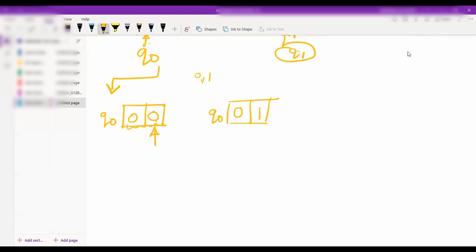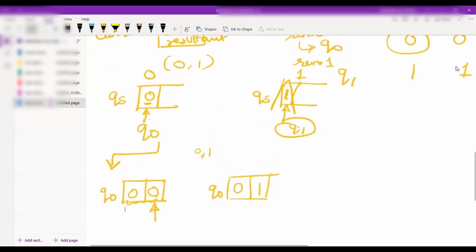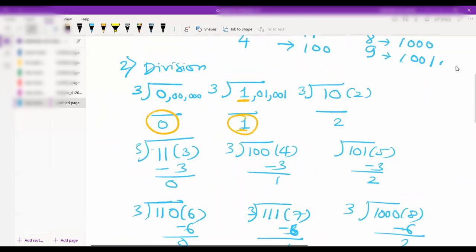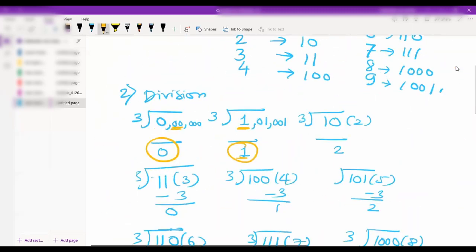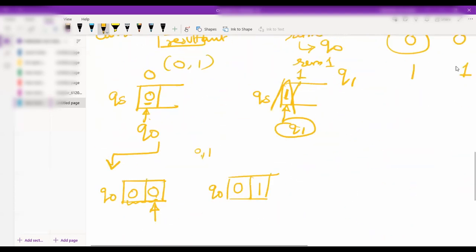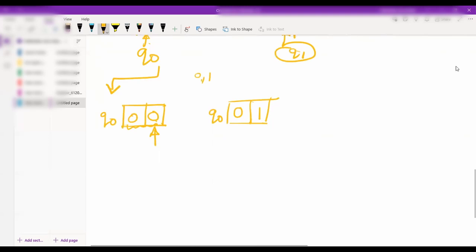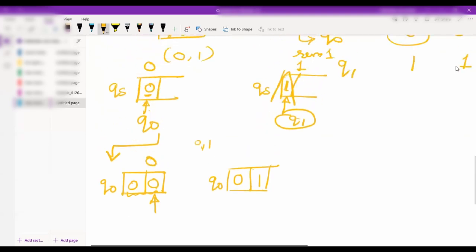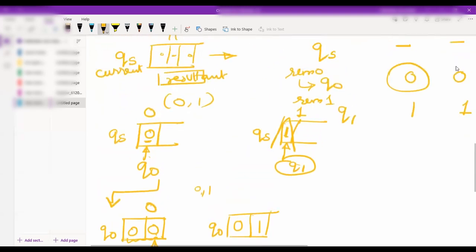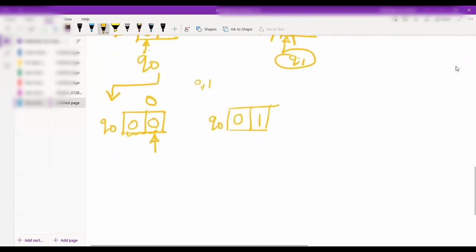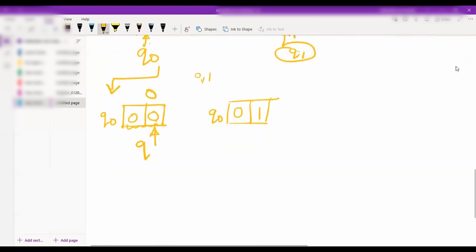So this will make which number? This will represent 0 only, because single 0 is also 0, double 0 is also 0. What was the case when double 0 was divided by 3? We got the remainder 0. So here we are having remainder 0, so we'll write output here. Which state represents remainder 0? The state Q0 represents remainder 0, so the resultant state will be Q0.